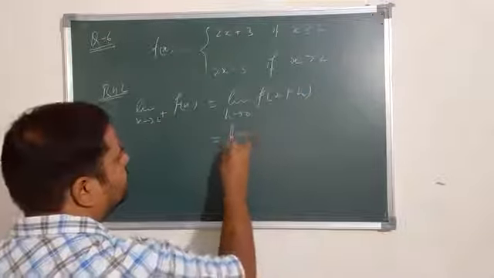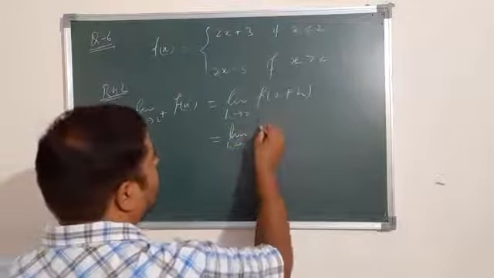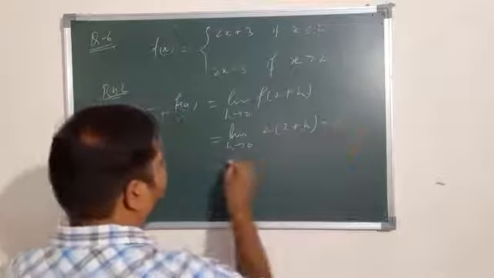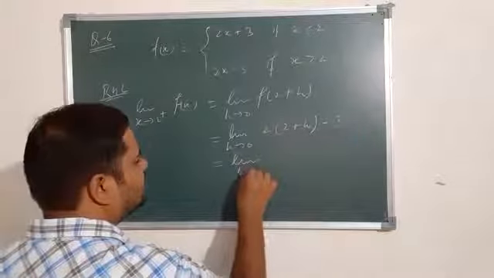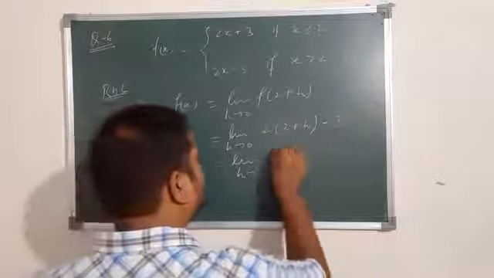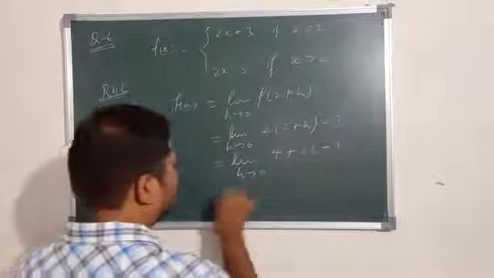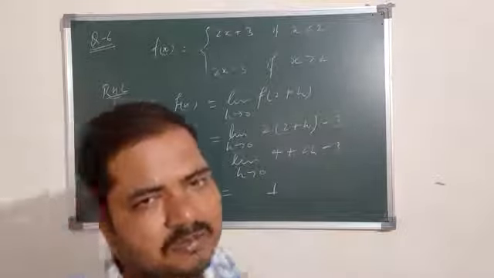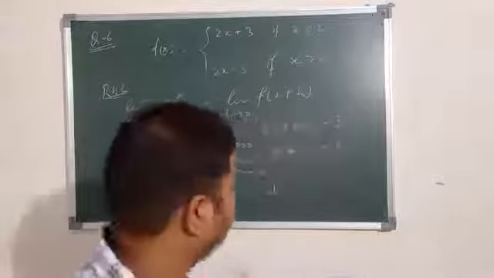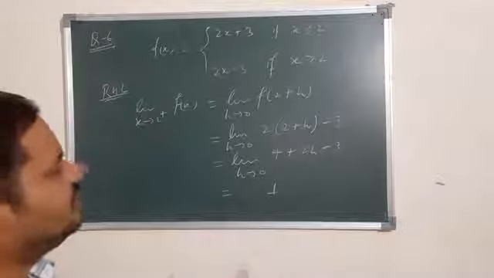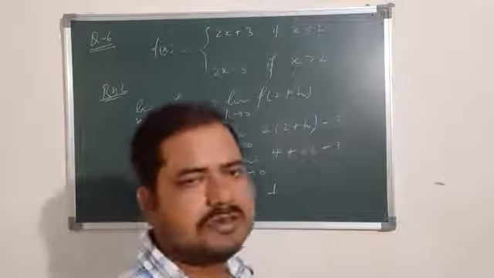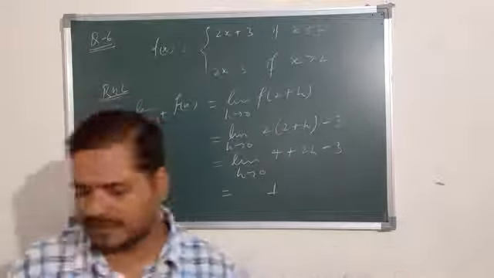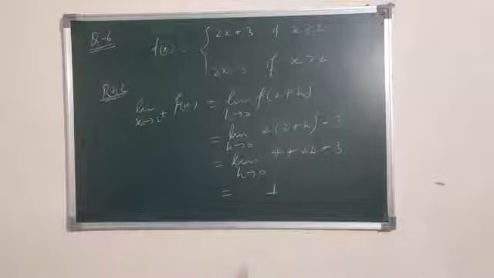So this is 2 into (2 plus h) minus 3. This is limit h tends to 0 of 4 plus 2h minus 3, and this is nothing but 1 because h is 0, so 4 minus 3 is 1. So here we see LHL does not equal RHL, the limit does not exist. So we can easily say the function is discontinuous, but we find the value of the function also.